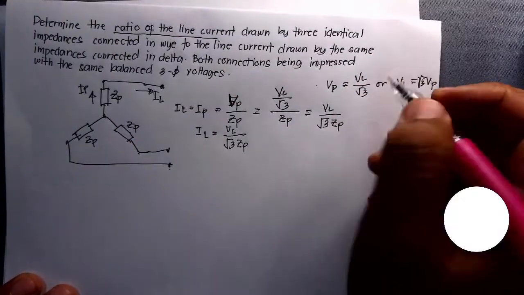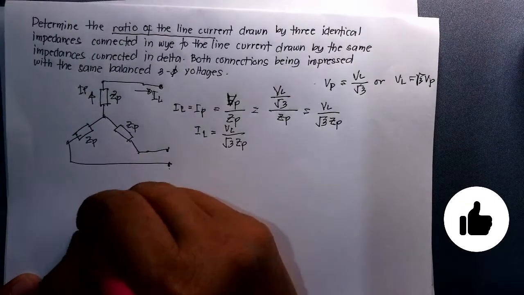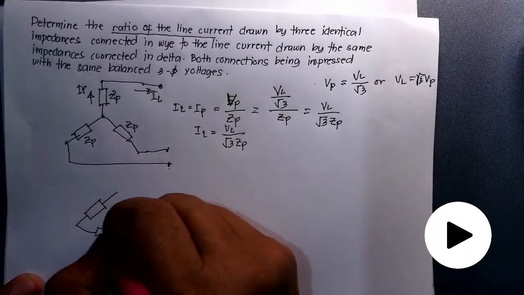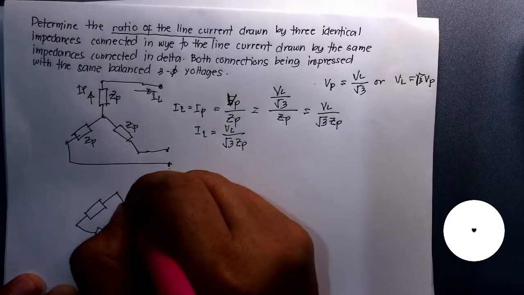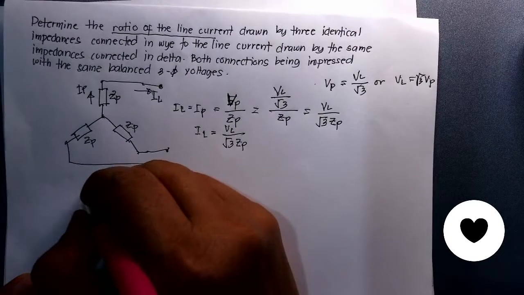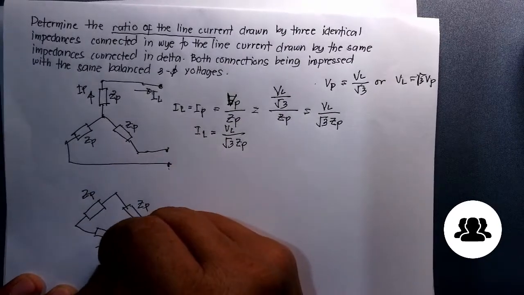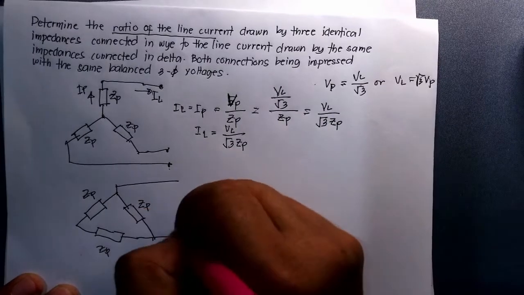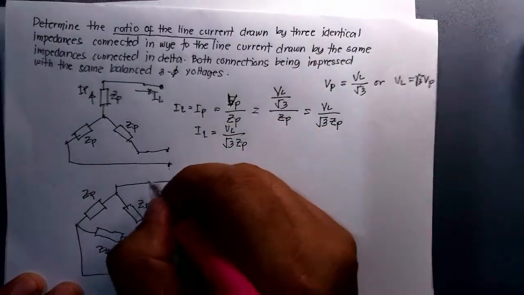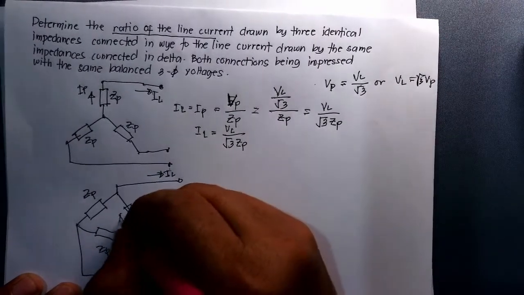Now, if you're going to connect all these impedances into a delta connected system, this is the illustration. This is Z P, this is Z P, and this is Z P. Again, your I L will be here, and your I P will be here.